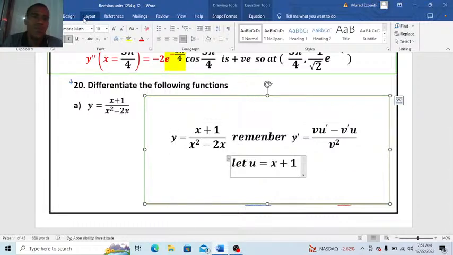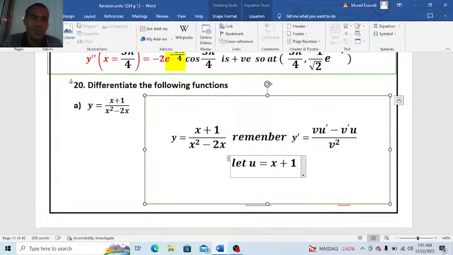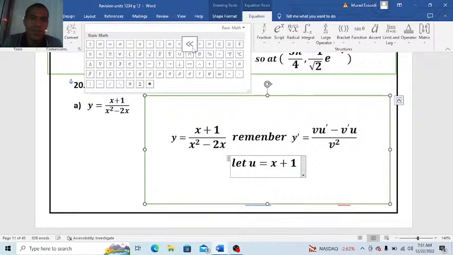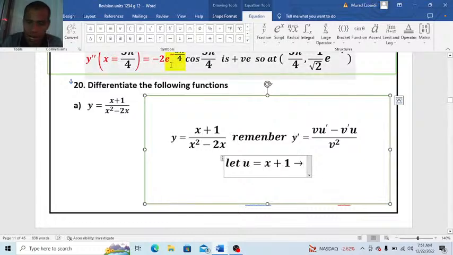Therefore the first derivative of the function u is what, learners? This implies that u dash is equal to 1. The first derivative of the function x plus 1 is 1.